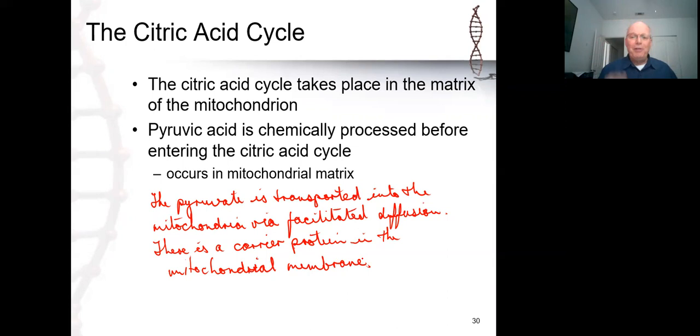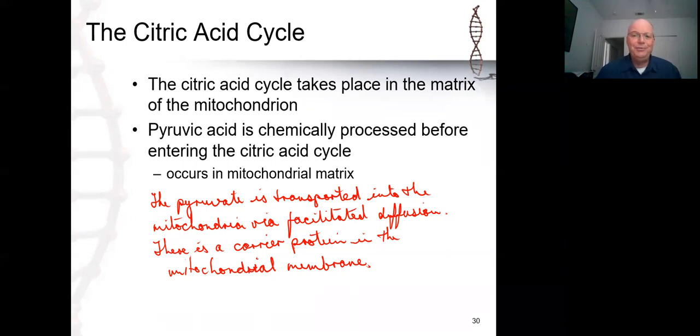So there's actually a carrier protein that allows this to happen. And facilitated diffusion makes sense here because we need to bear in mind that the pyruvate is constantly being churned out in the cytoplasm, but it's constantly being consumed inside the mitochondria. So there's always going to be a relatively high concentration in the cytoplasm and a relatively low concentration in the mitochondria.